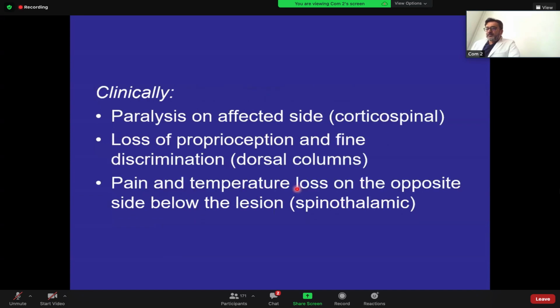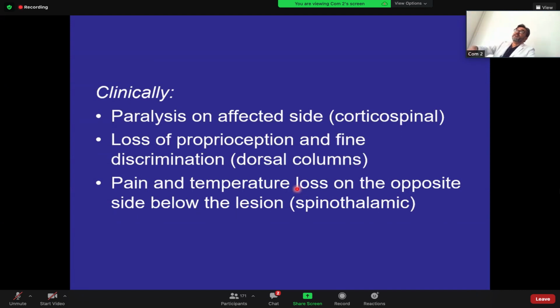Now, what you would see, because on the half side, if we go from front backwards, there is anterior gray horn cells, which are the lower motor neurons for that segment of the spinal cord. You have corticospinal tract on that side, which is going down.